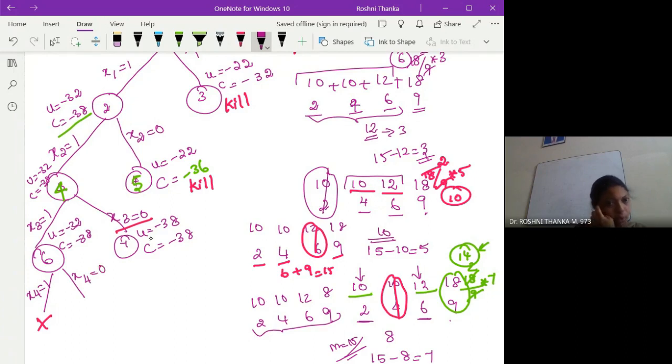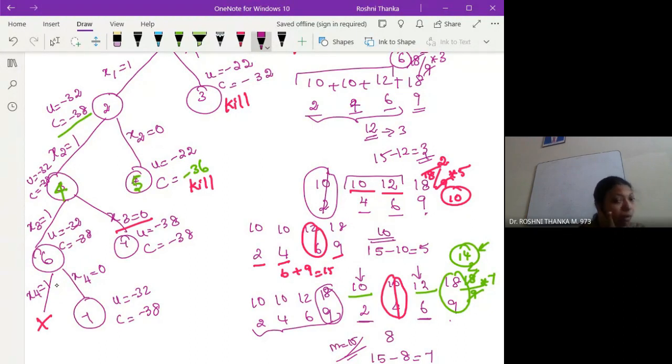When I don't include the fourth item, I will get the same thing only, because if you don't include the fourth item, it is up to this, when I include the first three items. So for the seventh node, the upper bound is minus 32, and the cost is also minus 32, because 10 plus 10 plus 12 is 32.